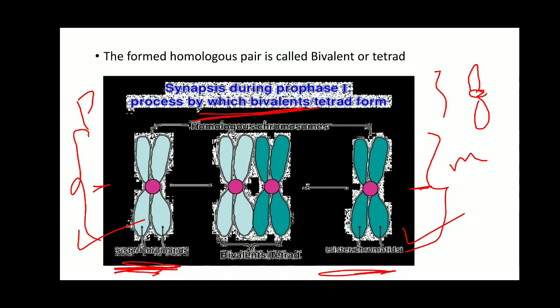The pairing of identical paternal and maternal chromosomes, known as homologous chromosomes, results in the formation of a bivalent or a tetrad, and the process is known as synapsis. During synapsis, a synaptonemal complex is formed, which is a nucleoproteinaceous complex that holds the pair of homologous chromosomes together.